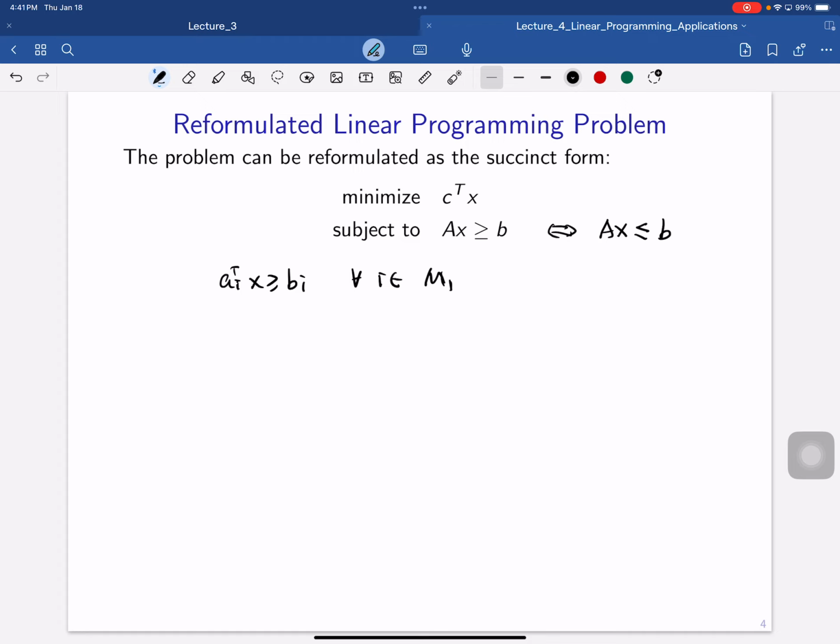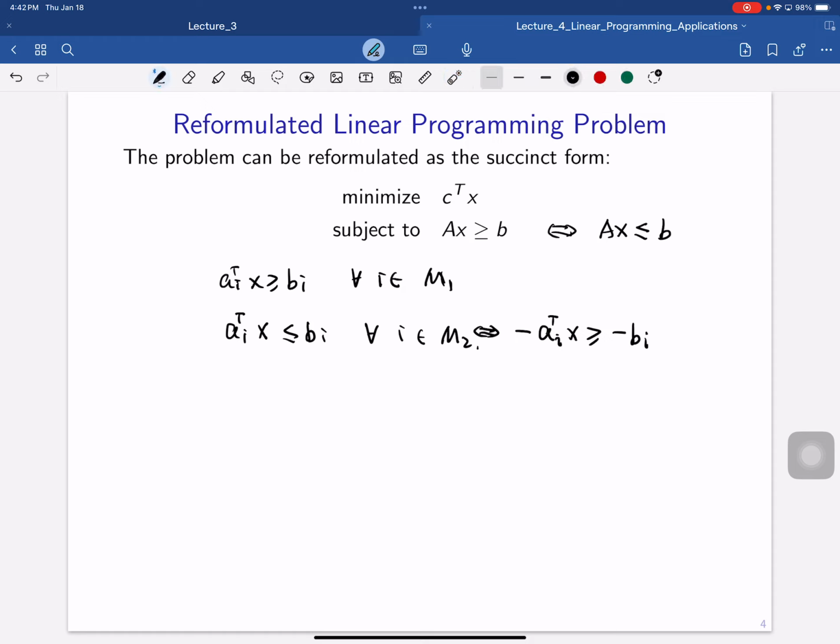The second type of constraint is a_i transpose x less than or equal to b_i for all i in the set M2. To write it in greater than or equal to form, you just multiply by -1 on both sides. Then it is equivalent to minus a_i transpose x greater than or equal to minus b_i. We just want to manipulate the constraints such that they are in this greater than or equal to form.